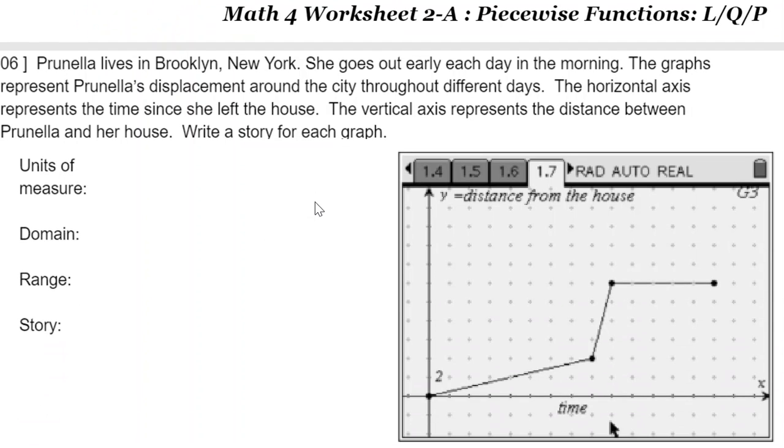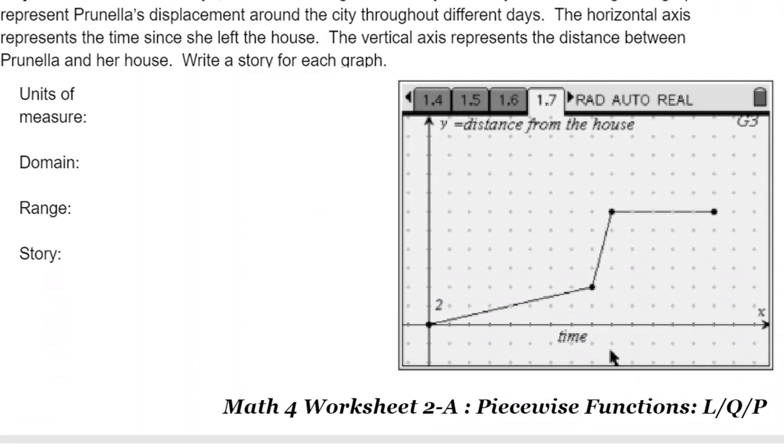All right, same issue with number 6. And just for the sake of consistency, I'm going to be doing hours. 1, 2, 3, 4, 5, 6, 7, 8, 9, 10, 11, 12, 13, 14 hours going that way.